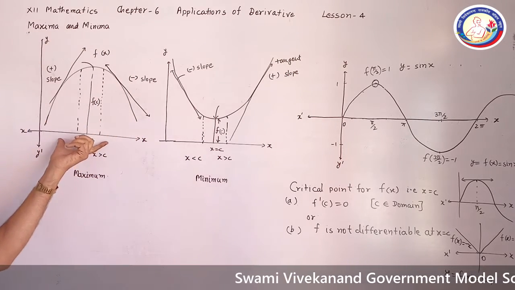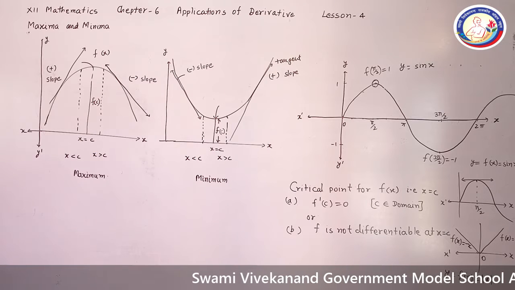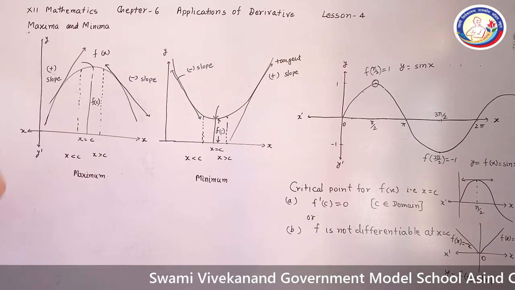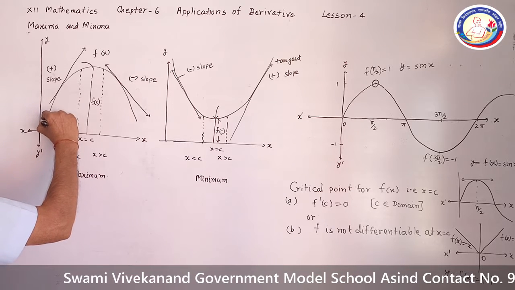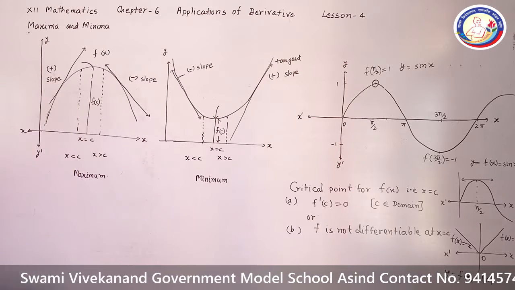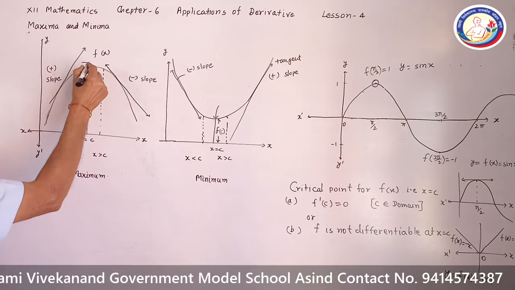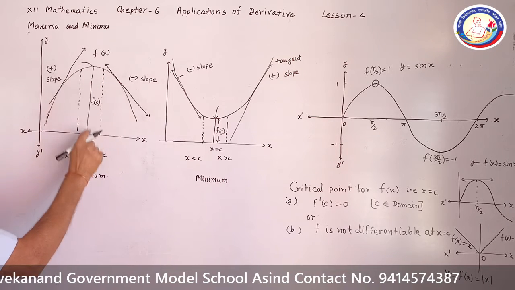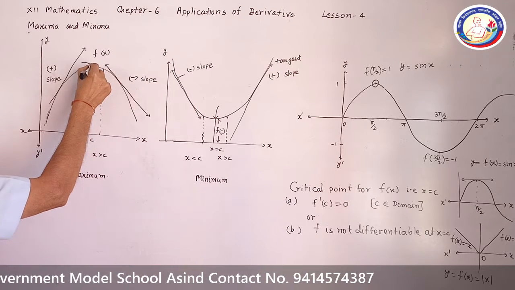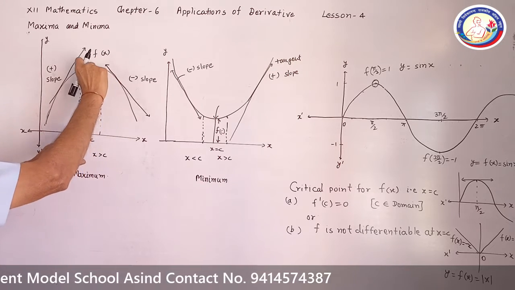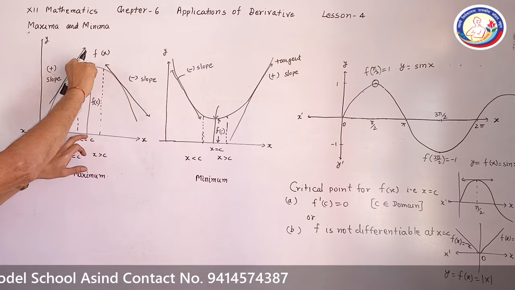In this first graph, the value of the function is plotted as this curve. Now at x equal to c, the highest value of the function for this interval or domain is f(c). This is denoted by this height here.